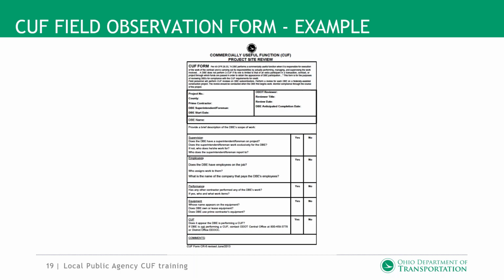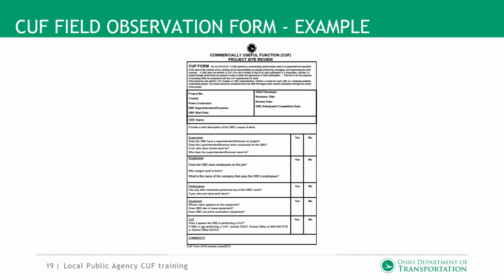The county, the prime contractor, the DBE's subcontractor or foreman on the project, when the DBE started, when they anticipate to be complete. Where it says ODOT reviewer, obviously that means the LPA reviewer, whoever is doing it, whether it's the inspector, which is what we're hoping for, that all of our inspectors and all of the LPA inspectors or engineers would be out there doing these.